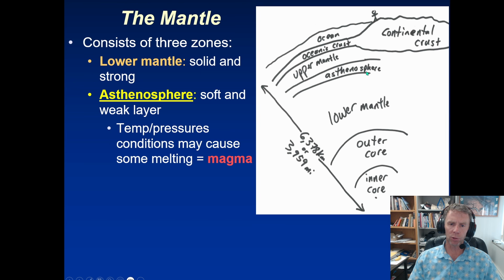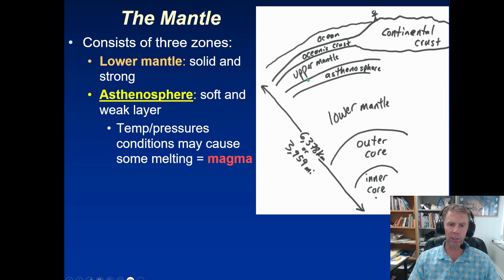It's also not truly magma itself, but it's a layer whereby if certain forces are acting upon the asthenosphere, if you do the right thing to the asthenosphere, you can generate magma. So this is a place where a lot of magma is generated inside the planet, depending on what you do with it in terms of pressure, temperature, and even water content, as we'll get to when we talk about plate tectonics.